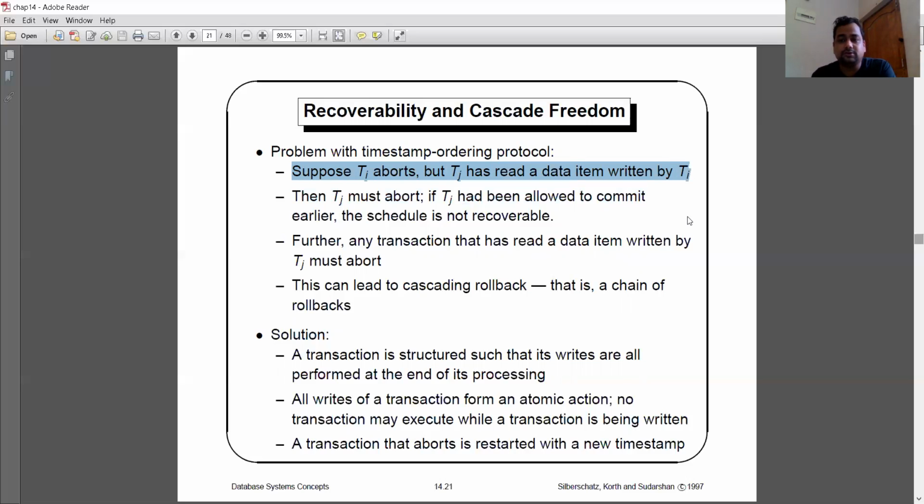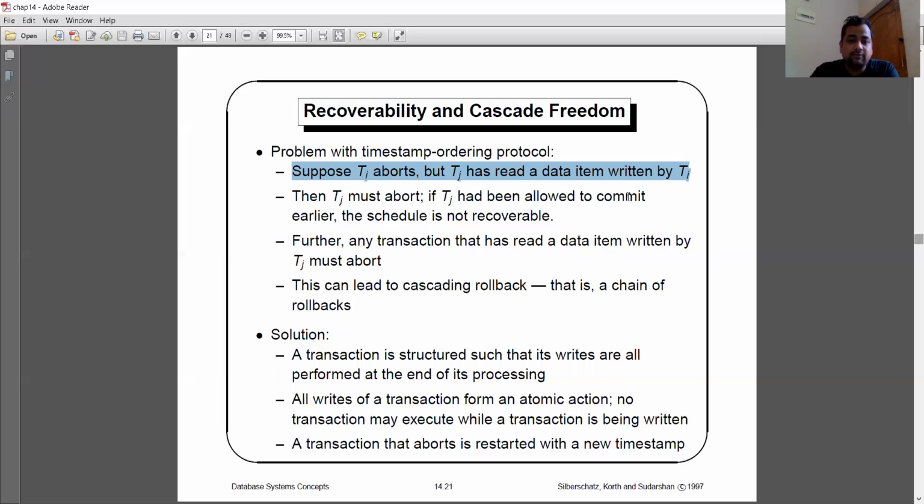It has to roll back to the past operation. No operation will continue over there. It should abort. But transaction Tj has read a data item which was already written by transaction Ti.